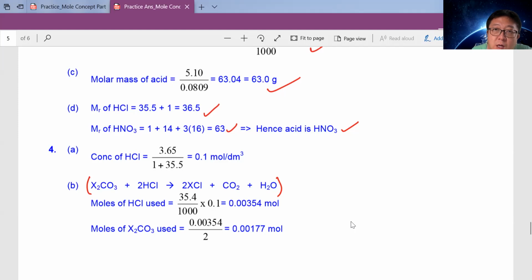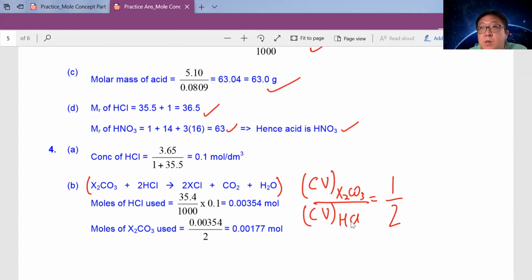You can also use CV of X2CO3 over CV of HCl, that is 1/2. The other way around, because now your carbonate requires 1:2 moles to react. Not 2:1, it's 1:2, okay?